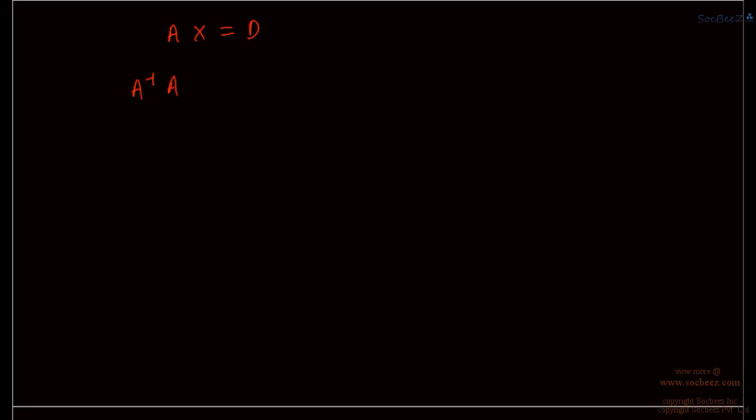Now here, what I do is I multiply both sides with A inverse. So I multiply the right hand side also from the left side. So I have A inverse on the left side here, right?